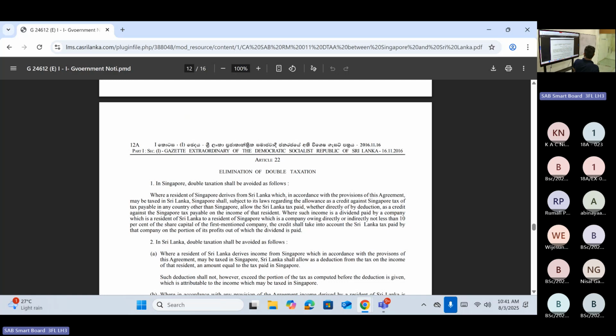Where such income is a dividend paid by a company which is a resident of Sri Lanka to a resident of Singapore, which is a company owning directly or indirectly not less than 10% of the share capital of the first mentioned company, the credit shall take into account Sri Lankan tax paid by the company on the portion of its profit out of which the dividend is paid.